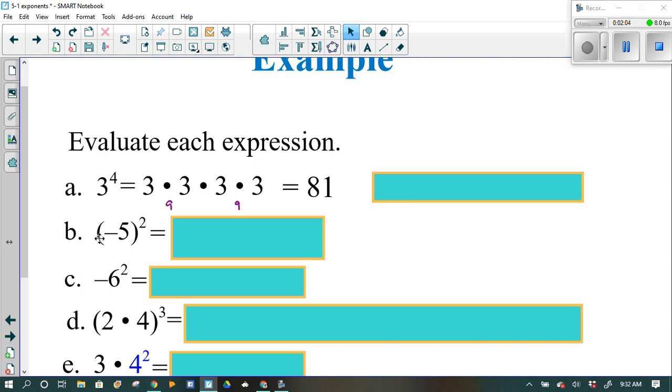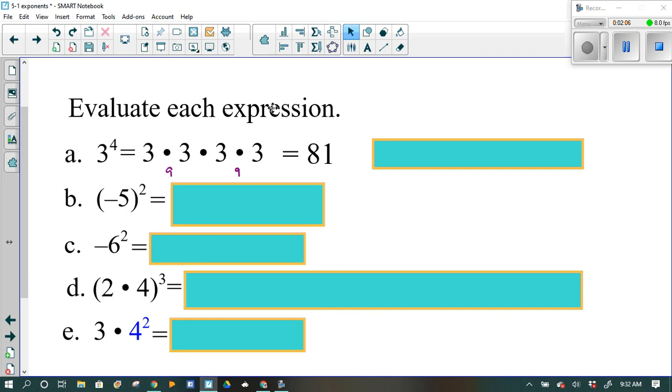So remember that first test when I put that question on there, it was like a number squared, and then it was a number squared with parentheses and one without. Don't forget those rules, okay? So remember, as long as the parentheses are there, then you have to do what's inside the parentheses.